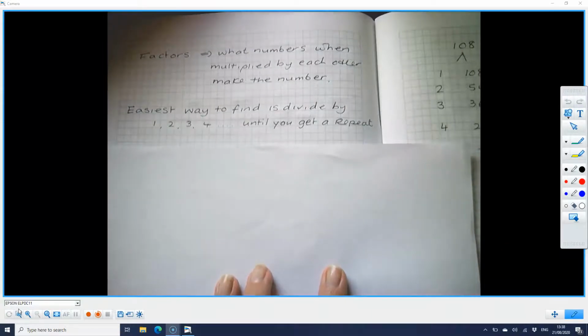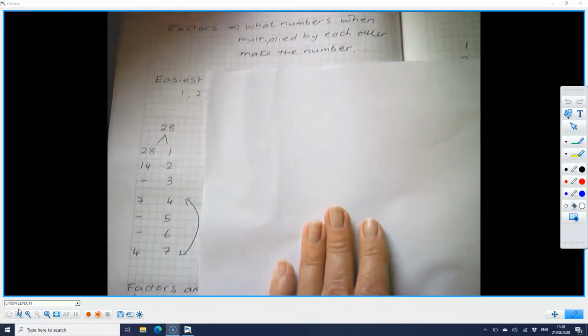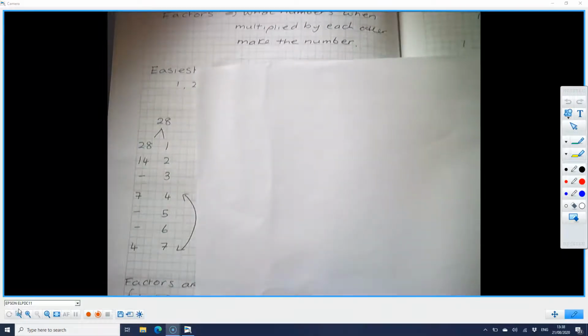To explain what I mean, if we had the number 28 and we wanted the factors of 28, you go, okay, that's easy, I've got 1 times 28. You'd be happy there and you'd be correct, but you wouldn't have all the factors.